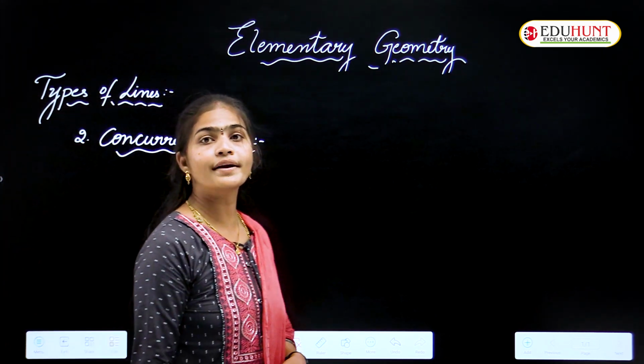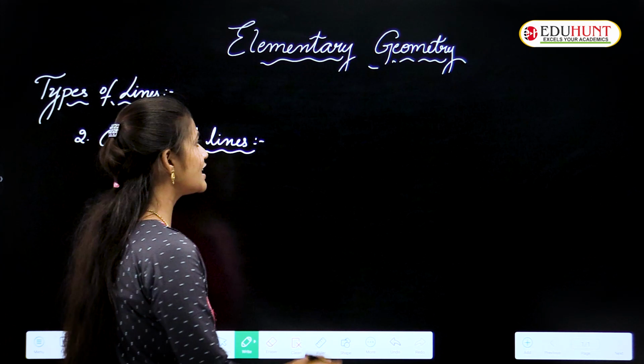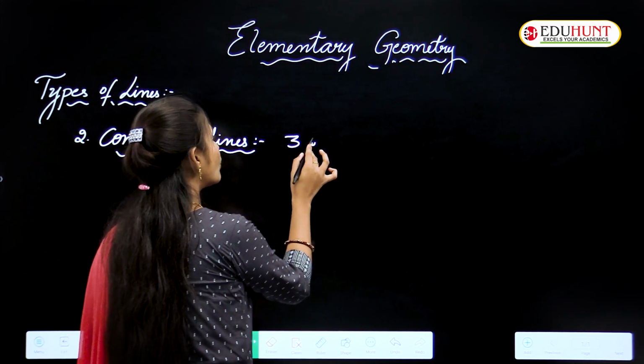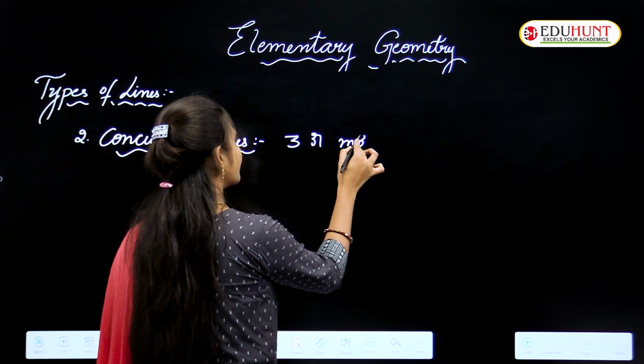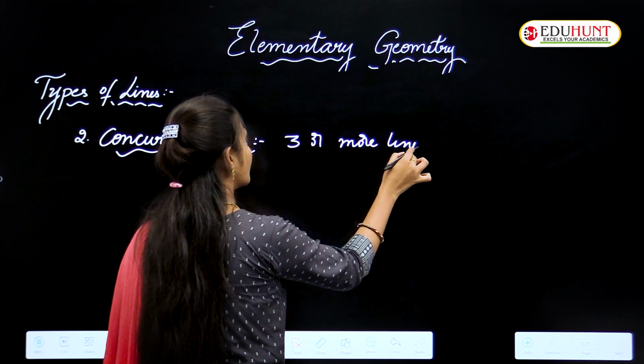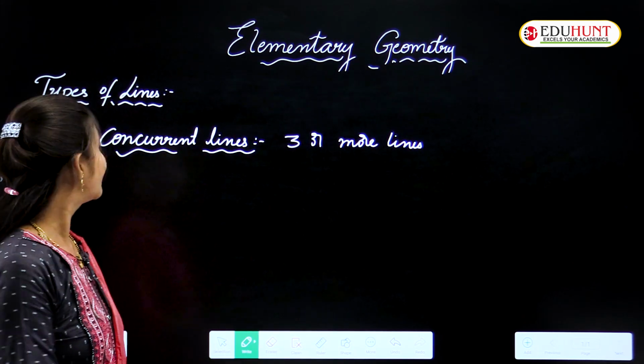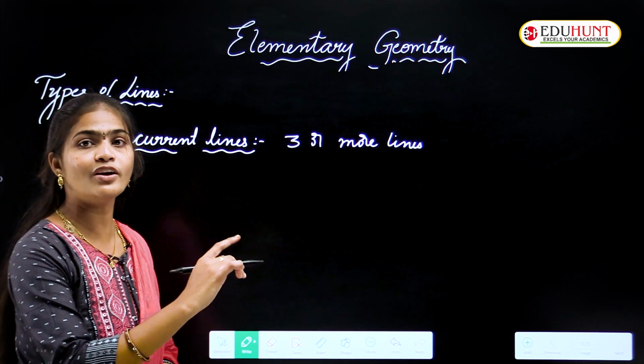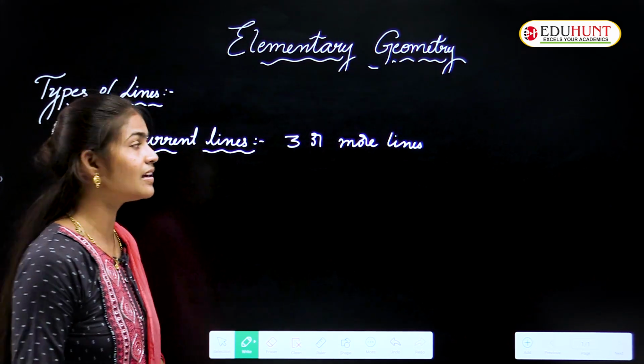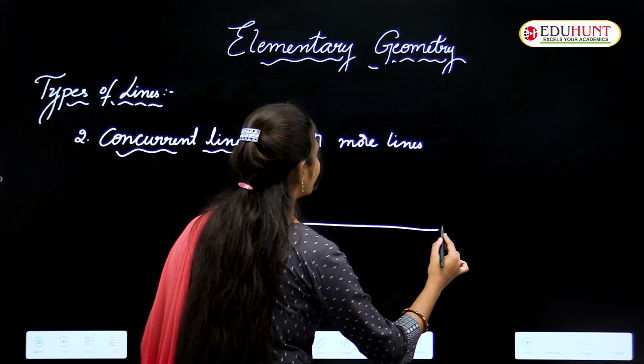Next one is concurrent lines. So concurrent lines means three or more lines. Okay, intersecting lines means two lines passing through the same point. Here concurrent lines means three or more than three lines passing through the same point.